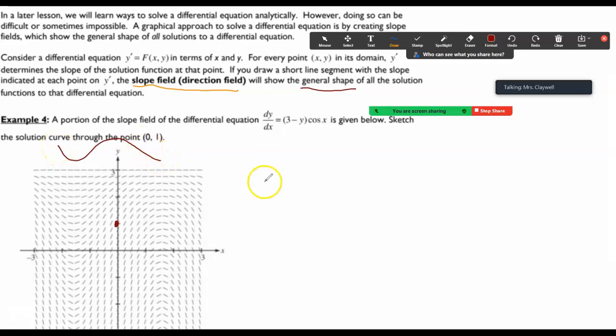When we draw a slope field, there are 3 things we need to keep in mind. It doesn't need to be exact.